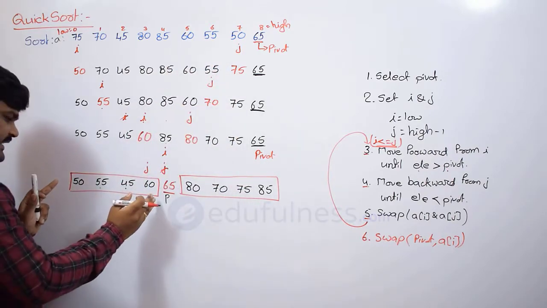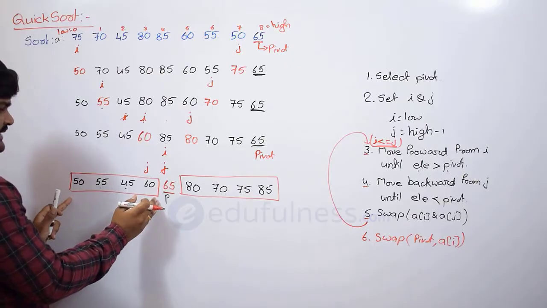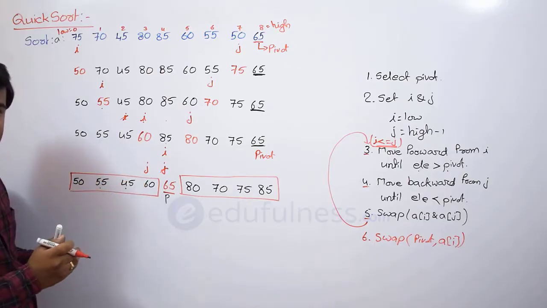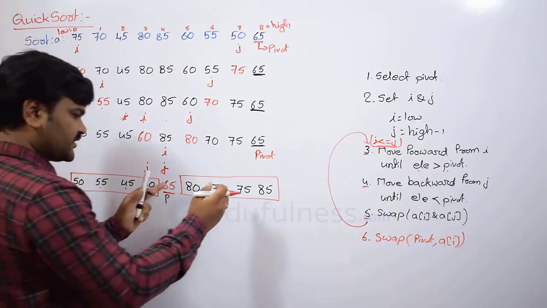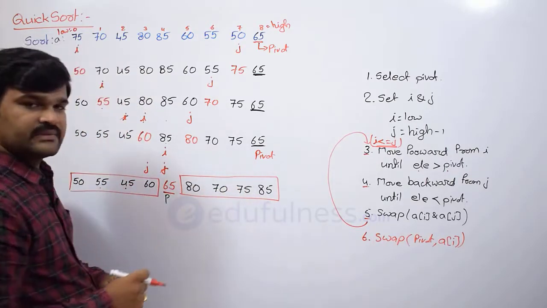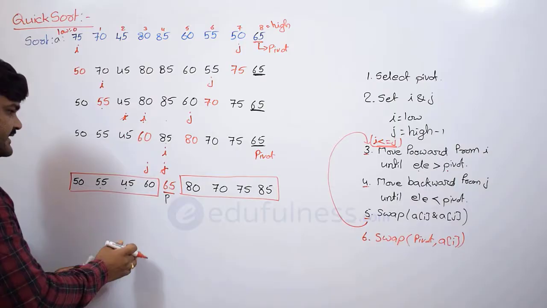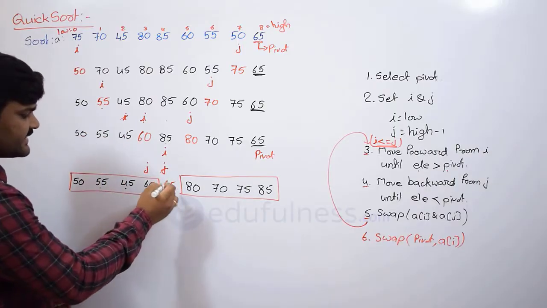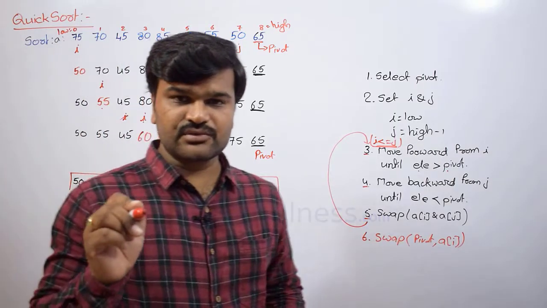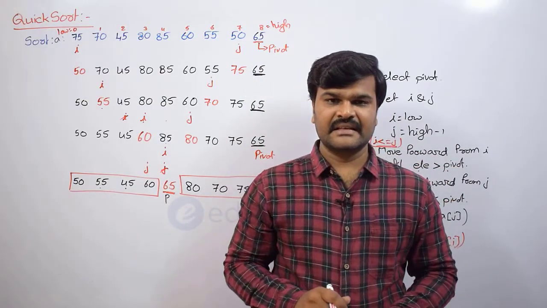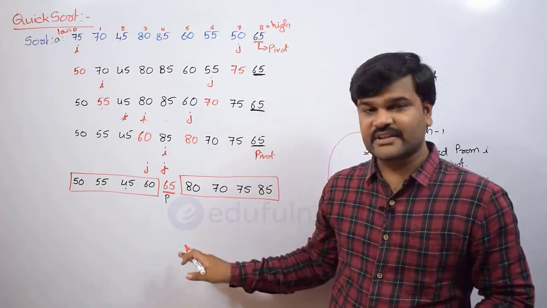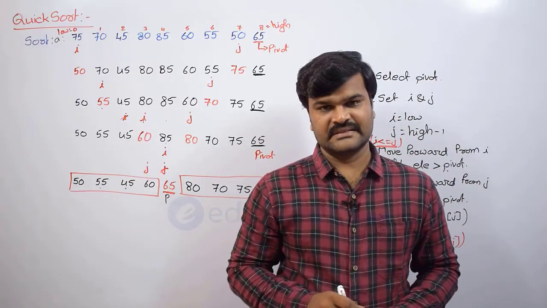That means take only these four elements, select the pivot element and do the same process here also, and same thing do the same process here also, and for every iteration one element reaches its correct position. That means whatever pivot you selected, that pivot is going to its correct position. So in that way we are sorting in quick sort.